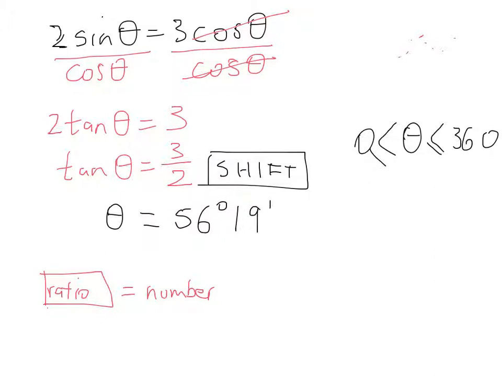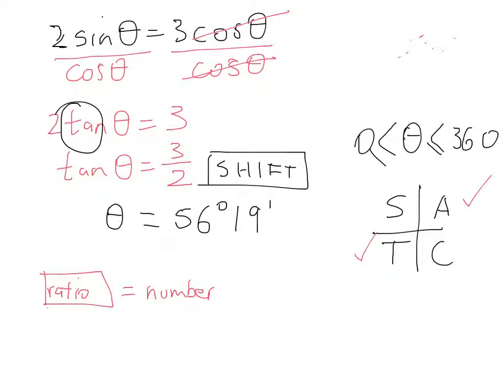Alright, now that's of course just one solution. Again, where am I looking? I've got A, S, T, C. I'm dealing with tan. Even though I started with sine and cos, I get it down to tan. So I use tan. I've found my first quadrant solution. I need my third quadrant solution. So I of course go 180 plus 56, which is 236 degrees and 19 minutes.